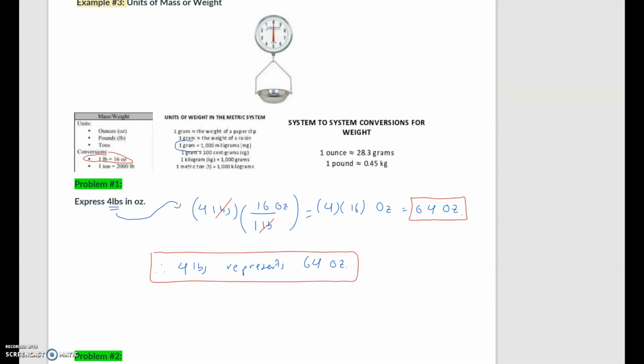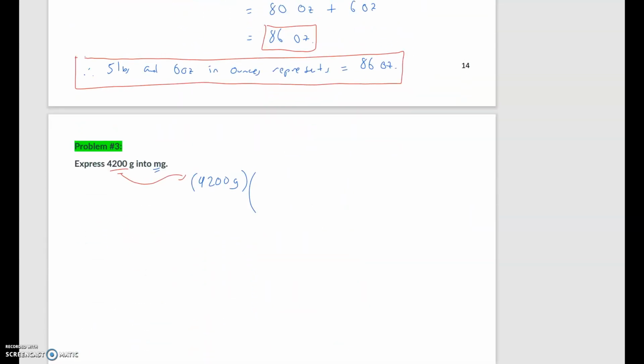Okay, it's actually here. Somehow I skipped it. So 1 gram is 1,000 milligrams. So technically 1 gram is going to be equivalent to 1,000 milligrams. And we're going to get a very huge value.